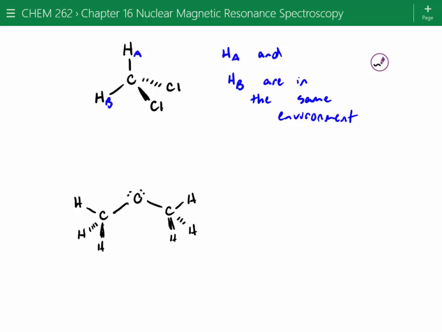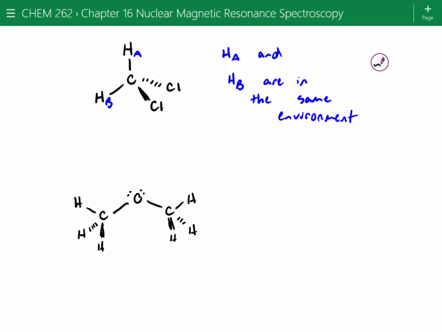Sorry, this will take me just 1 second. All right, so let's get our model kit for dimethyl ether here. So this center vertex is going to be oxygen. The outer are going to be our methyl groups, right? So if I look at these protons on the methyl group, are they in the same or different chemical environment?